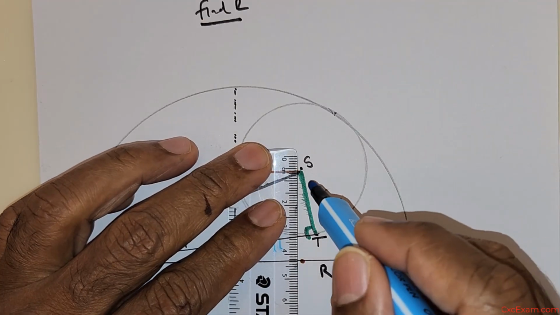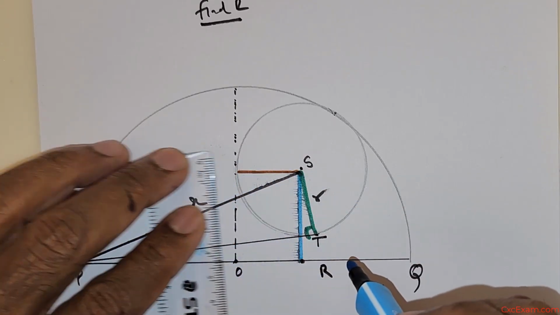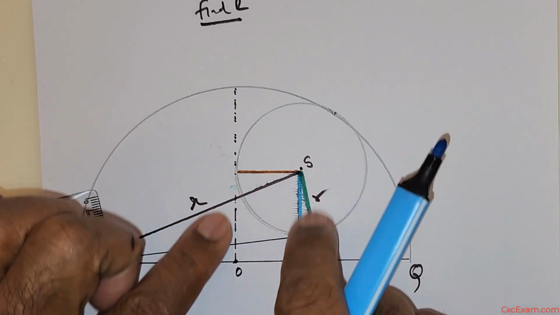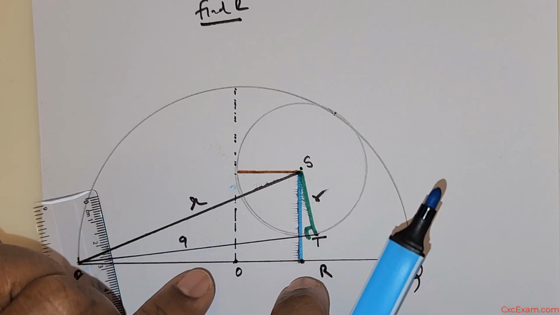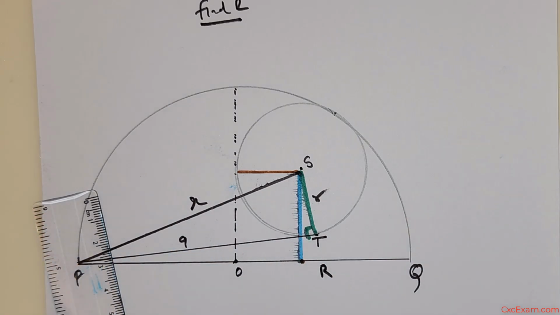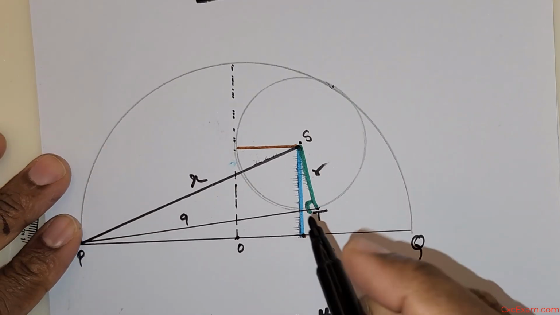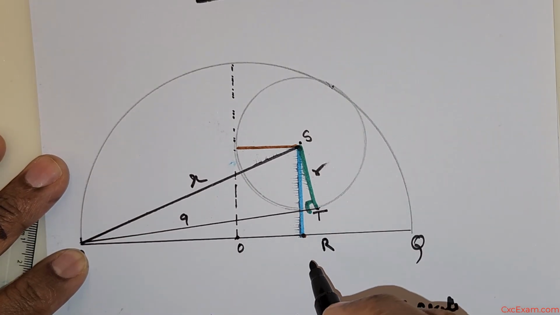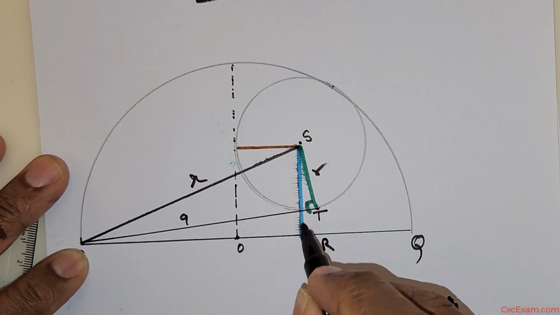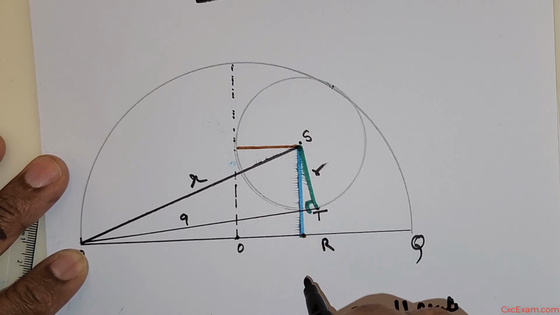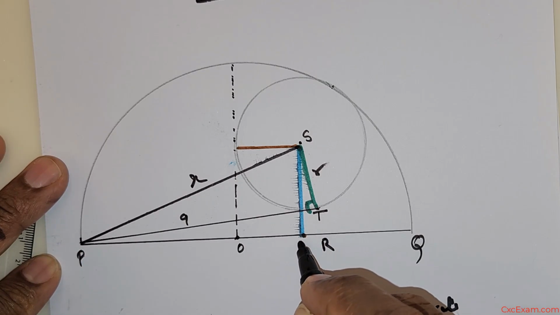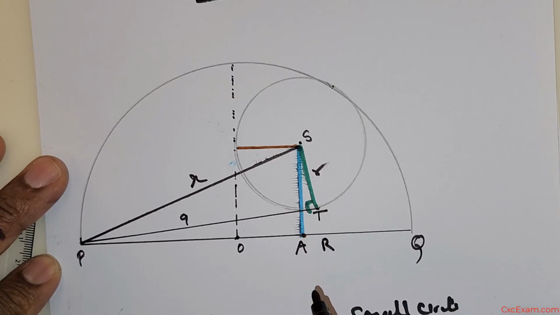So if I drop that, we are creating a rectangle. It is not only a rectangle but also a part of a triangle, and I'm going to take this particular point as A.